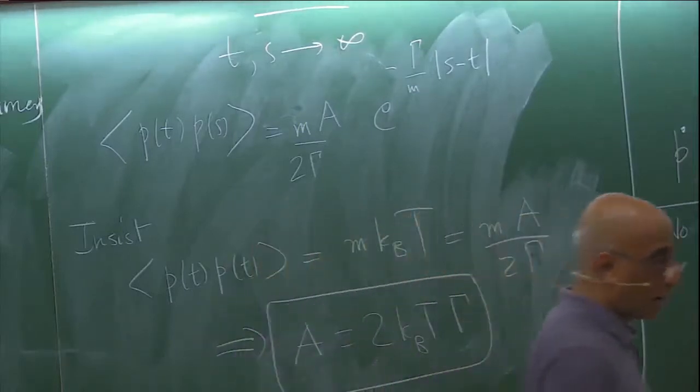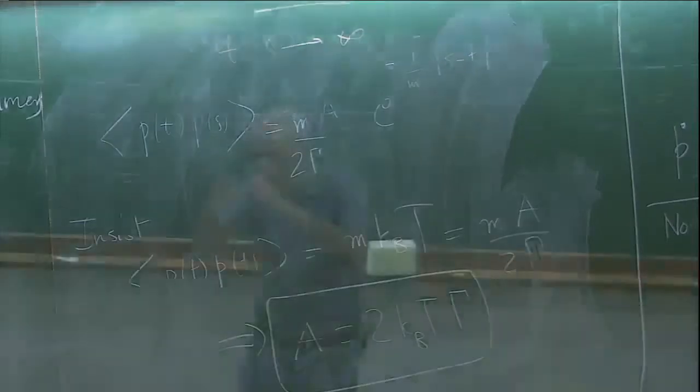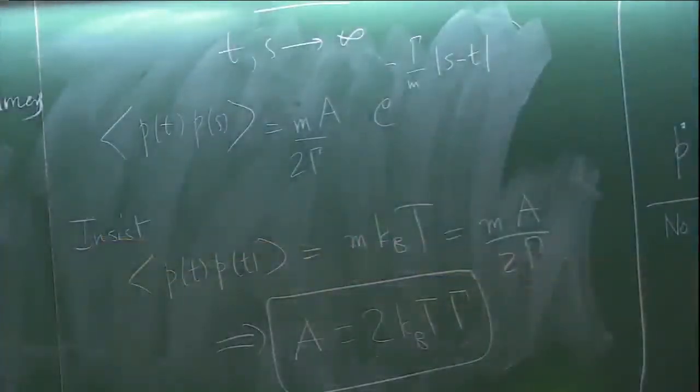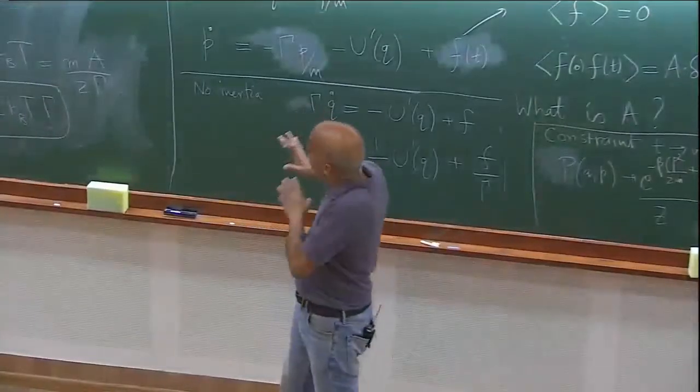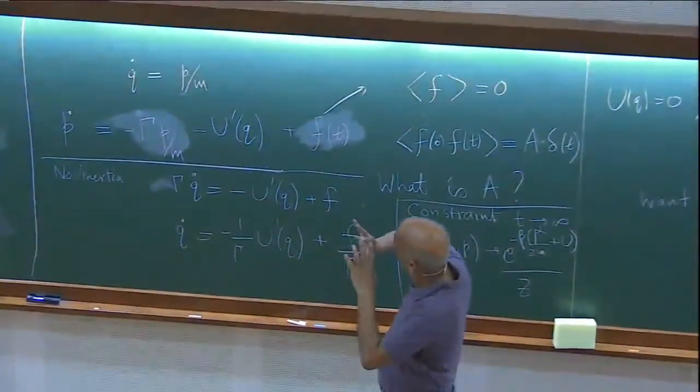Okay. All right. So what have we learned from this? What we've learned is that if we insist on writing the dynamics of a particle amidst a bunch of other particles kicking it around, and we assume that everybody is at thermal equilibrium, then this model turns out to be internally consistent with the idea of thermal equilibrium.